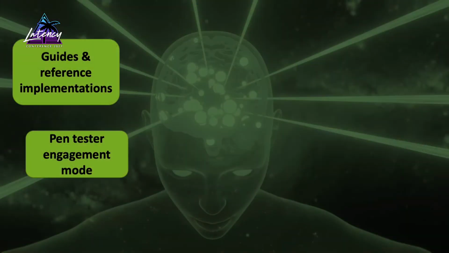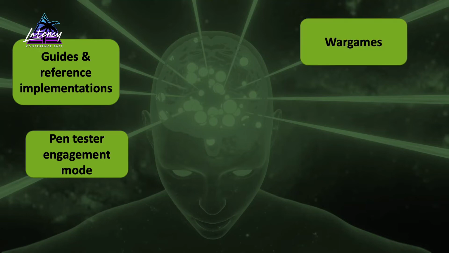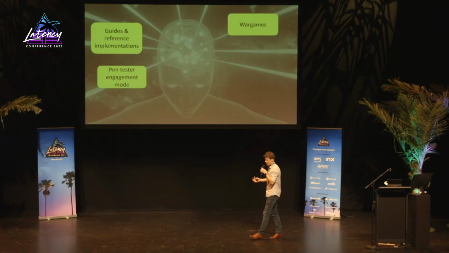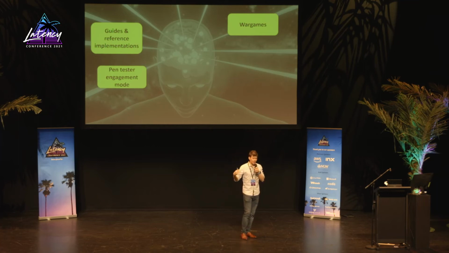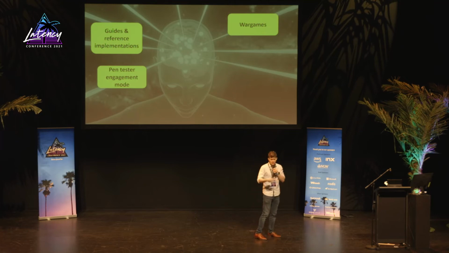We're continuing to build out our guides and reference implementations, both in code and wiki formats. And we started running some wargaming sessions where we set aside an entire day and the engineering team explores the kind of suspected vulnerabilities they have, even high-level logical errors in our application, and tests our existing controls to see if they're effective or not.